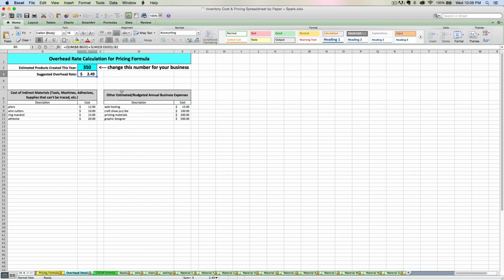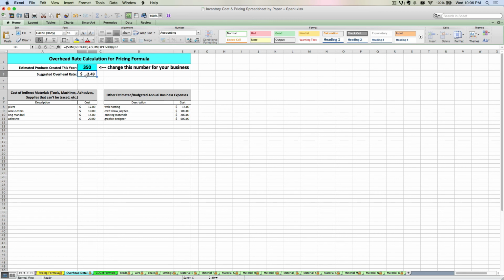And what I suggest you divide it by is the estimated products you create in a year. You're going to estimate how many items across all your product categories. It doesn't have to be one specific type of product, just all products you think you're going to make this year, and you enter it here.